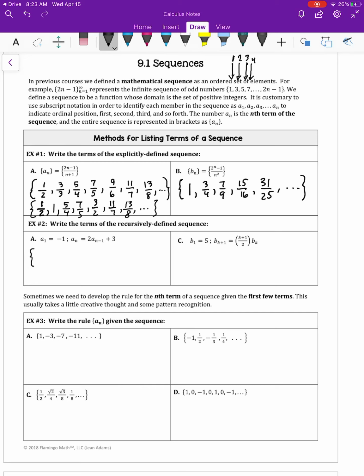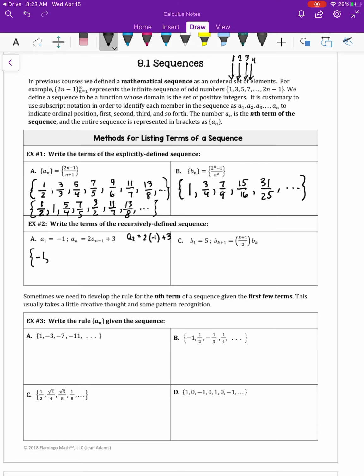When you see a sub n minus 1, that's the previous term, okay? So when you're writing your terms, you already knew that this one was -1. So if I want to get my second term, so let's say I want a sub 2, do you see how I'm going to be putting in a sub 1 here? So to get my second term, I'm going to be using my first term, okay?